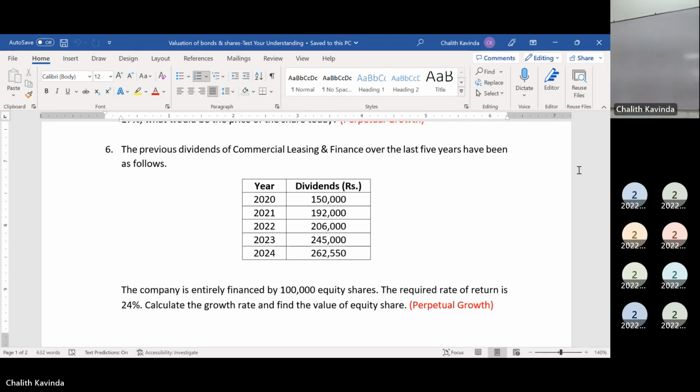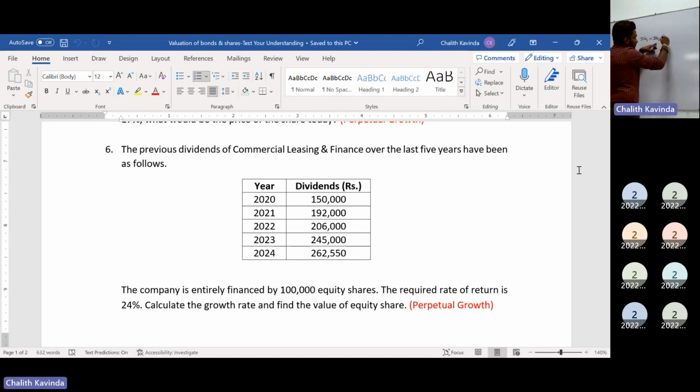It's very simple, right? But you need to know the rationale behind it. Now you have learned that to calculate your next year dividend, you need to know your this year dividend.